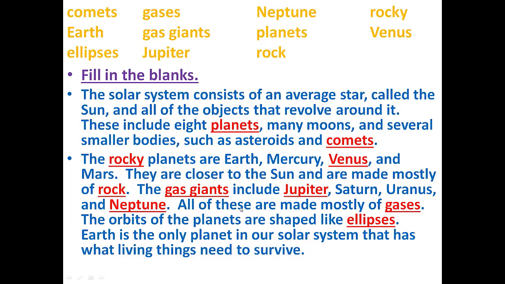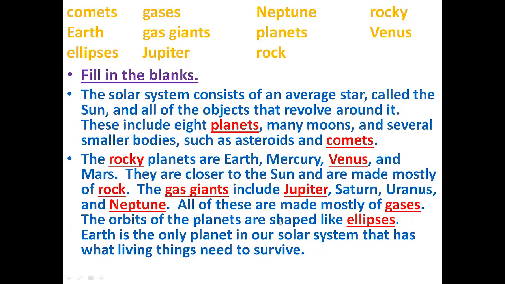Next, all of these are made mostly of gases. The blank is gases. Because they are made up of gases, they are called gas giants. Helium and hydrogen, we learnt about it.